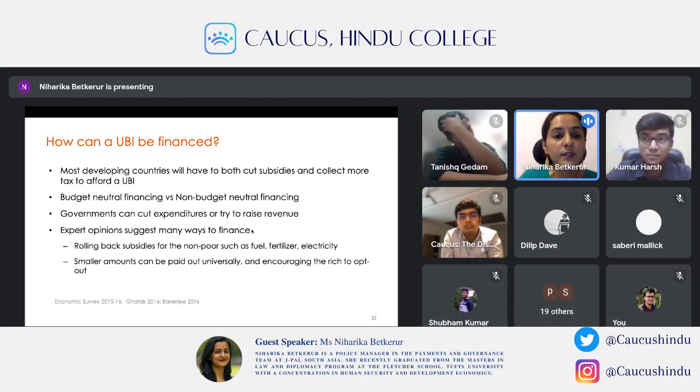So those are different ways in which governments can think about financing it. Of course, I don't have all the answers, but this is just an introduction into the considerations of how governments can go about this.